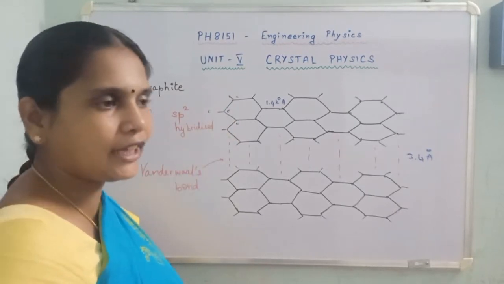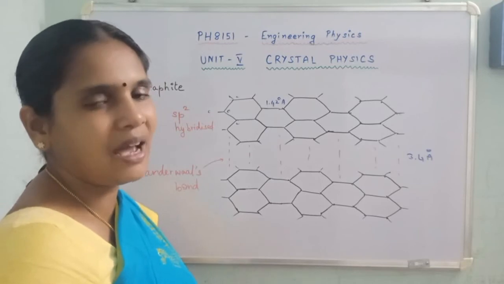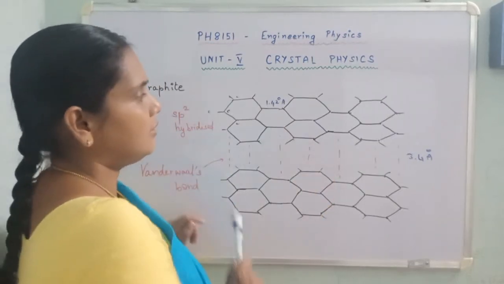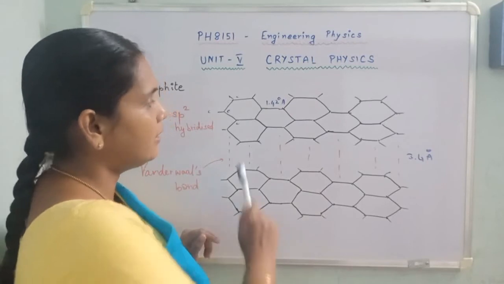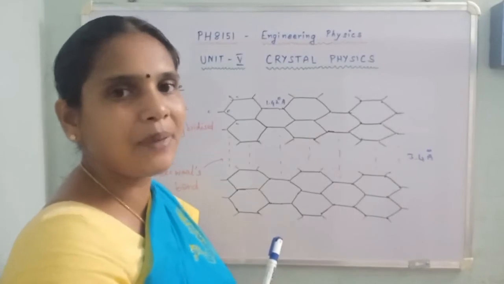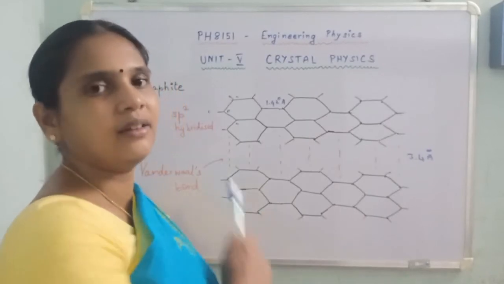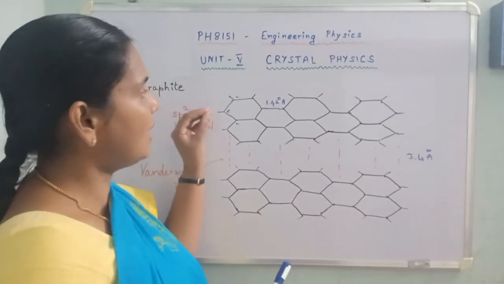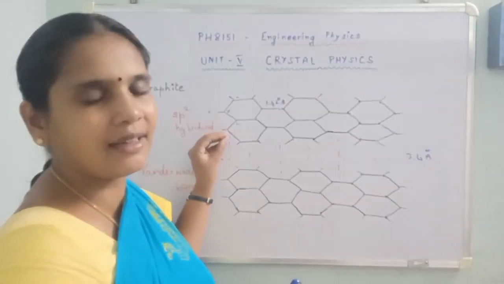The 4th electron remains delocalized, and in graphite, a hexagonal 2-dimensional pattern is formed by the carbon atoms.